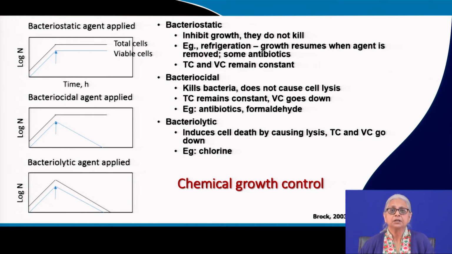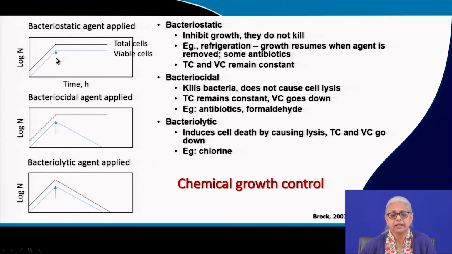Now I've already said a little bit about the fact that when you take any sample, it has a total number of cells, and the number of viable cells in that total population of cells is going to be either equal or less than the total concentration.